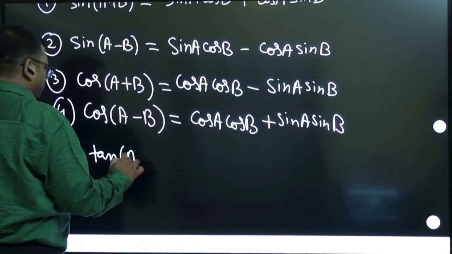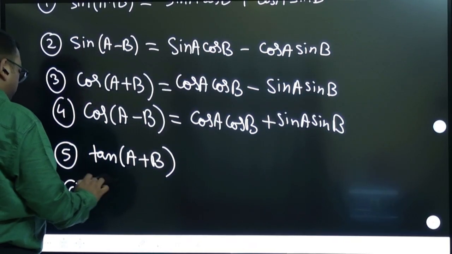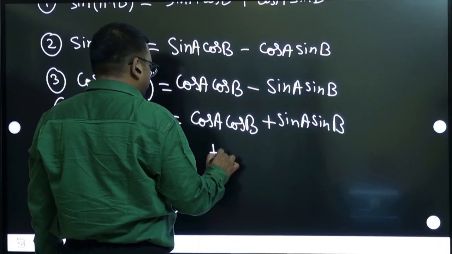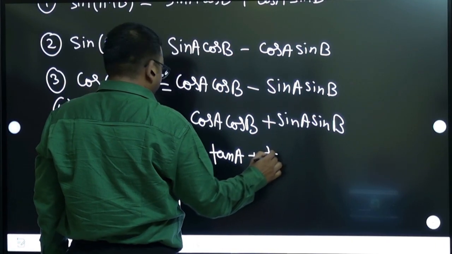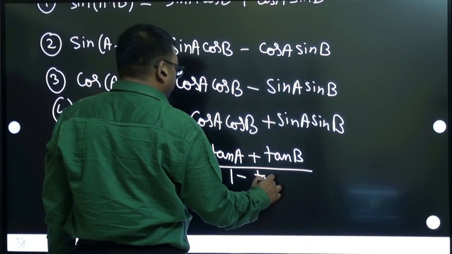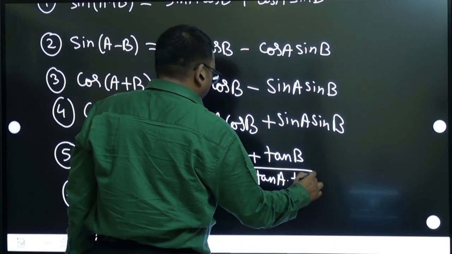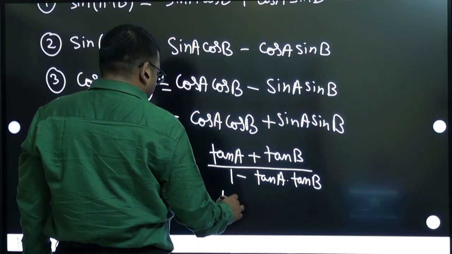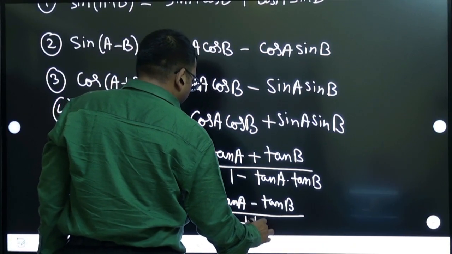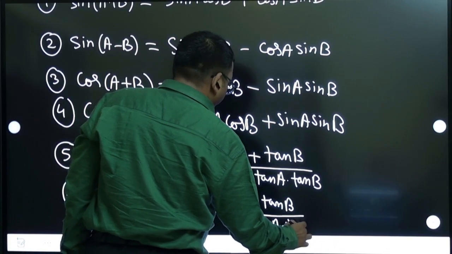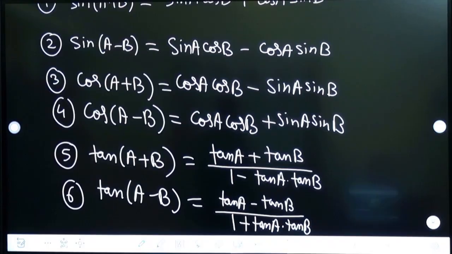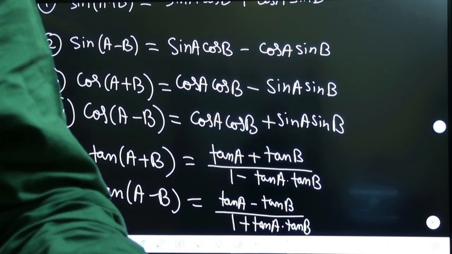Tan A plus B and tan A minus B. So tan A plus B is tan A plus tan B divided by 1 minus tan A into tan B. Similarly, tan A minus B is tan A minus tan B divided by 1 plus tan A into tan B. These trigonometric formulas for compound angles we should know. Okay, right?